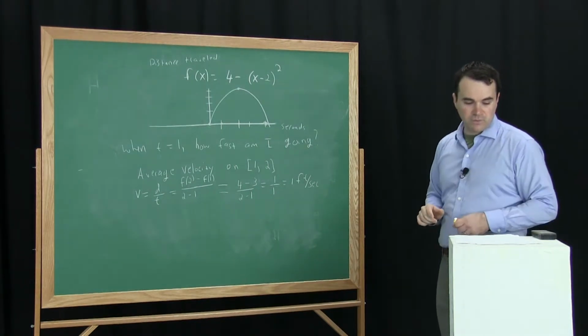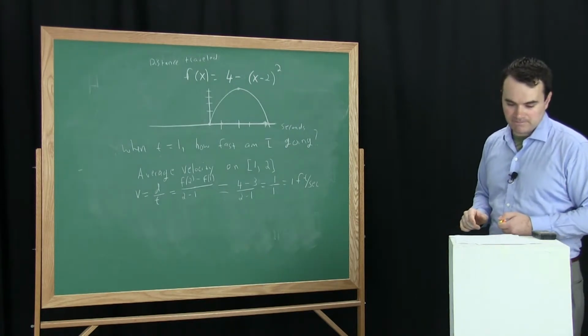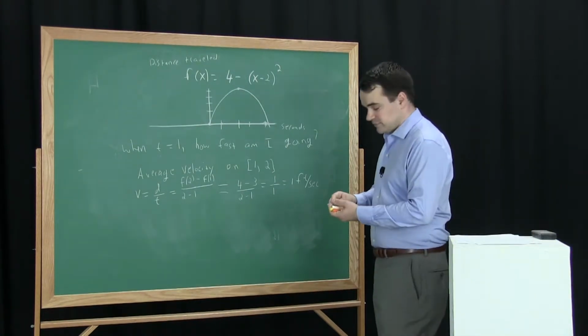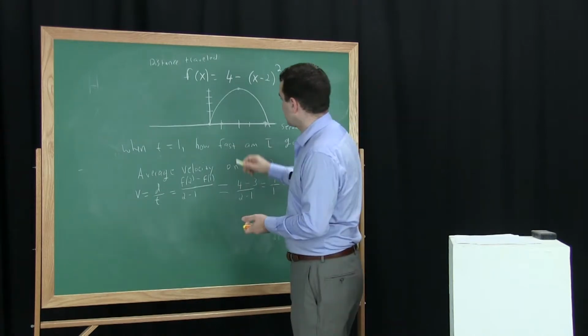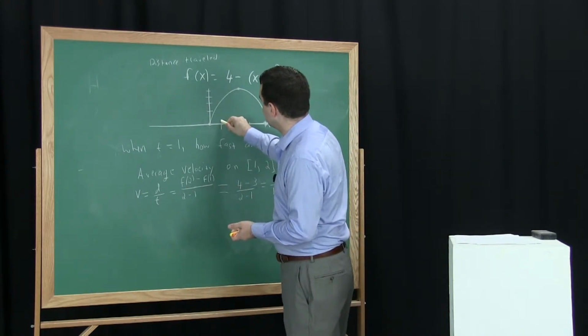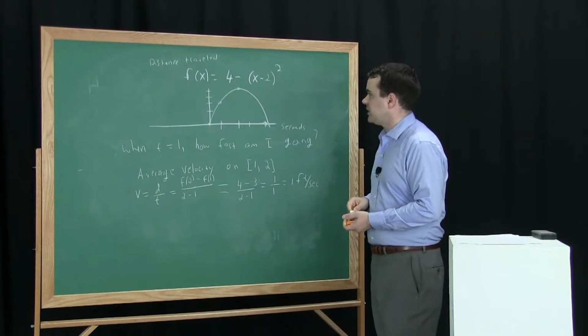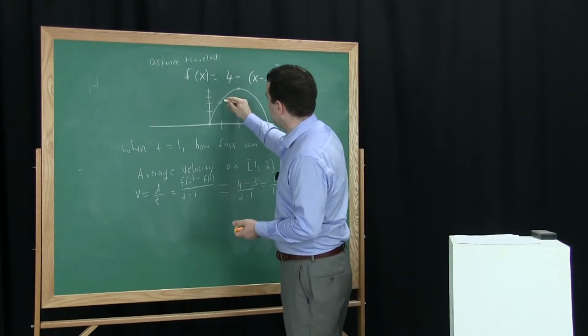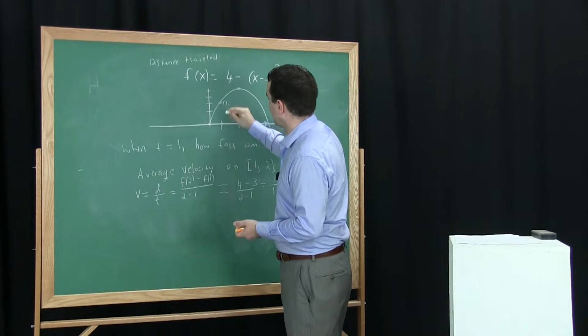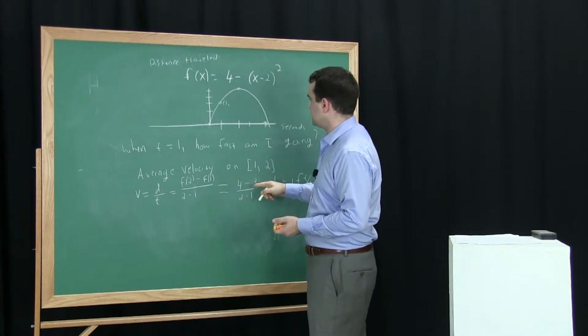And one thing that I should point out here is if you look at this point on the graph above t equals 1, the t value is 1, and then f of 1 is equal to 3.